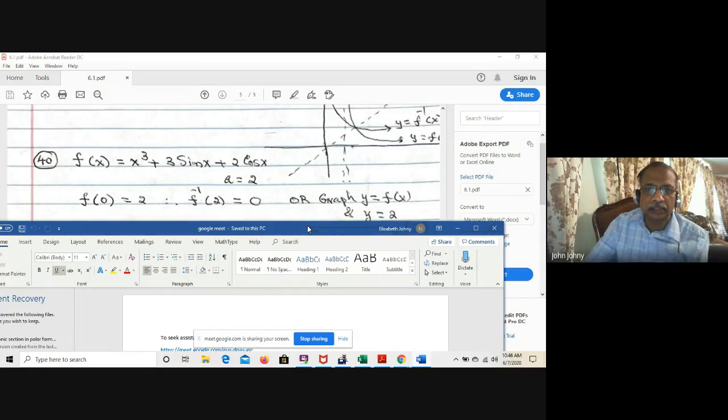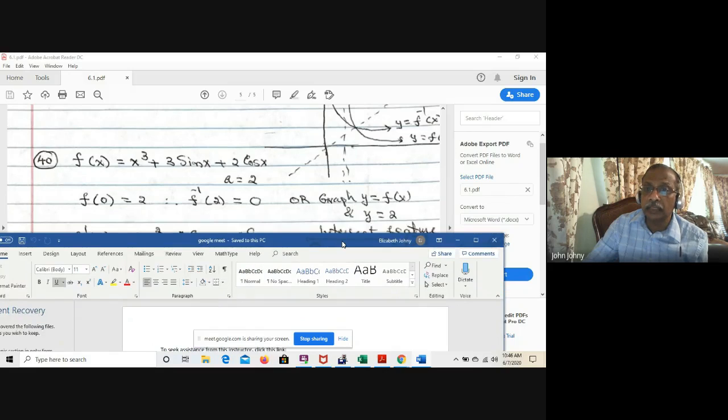By inspection, x cubed, when x is equal to 0, f of x is equal to 0 cubed plus 3 times sine 0 plus 2 cos 0, and so f of 0 is equal to 2.